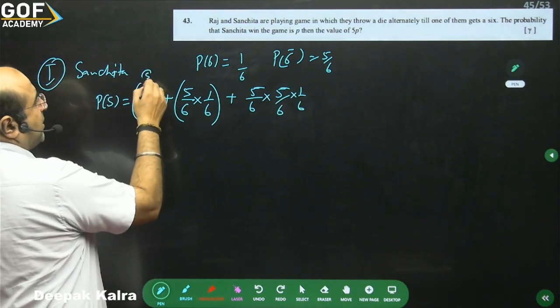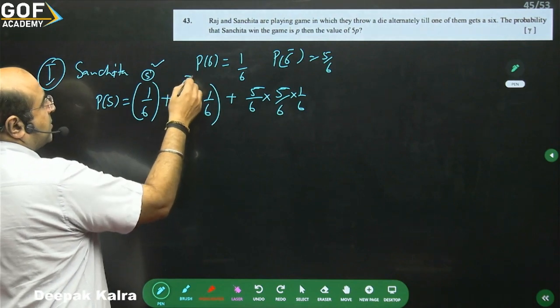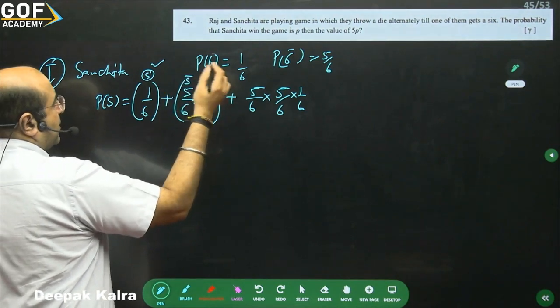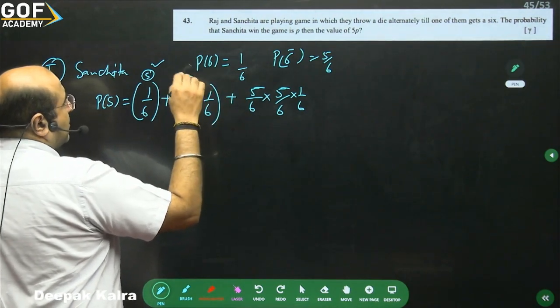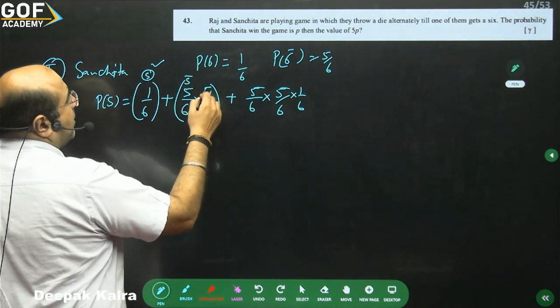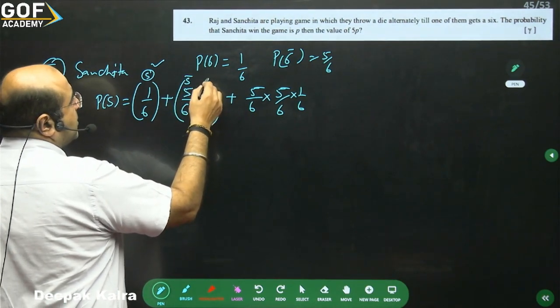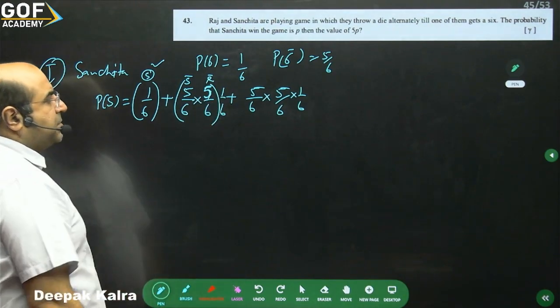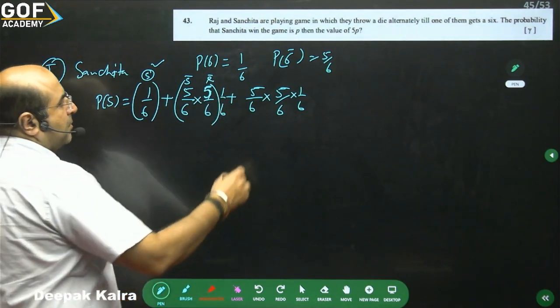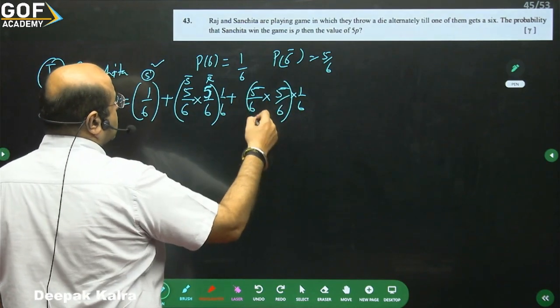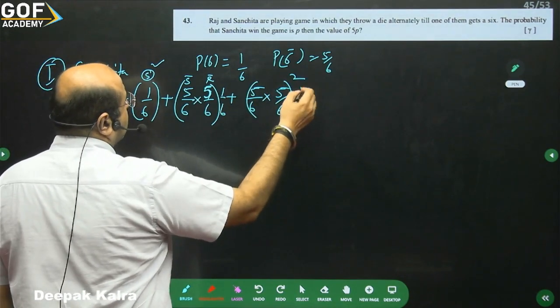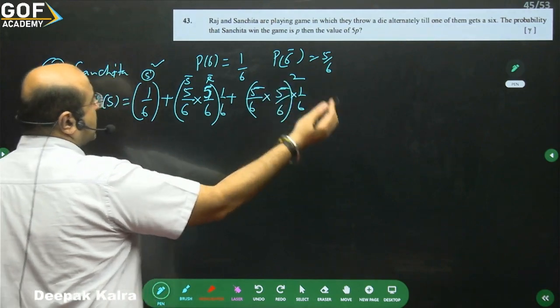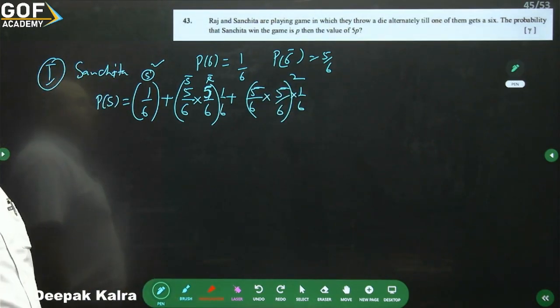See, this is Sanchita winning, then Sanchita losing. Sorry. Then Sanchita didn't get. Then Raj should not get. Then Sanchita's turn comes. She gets it. Again, this process continues. Square of it. And then 1/6, Sanchita wins. You got it?